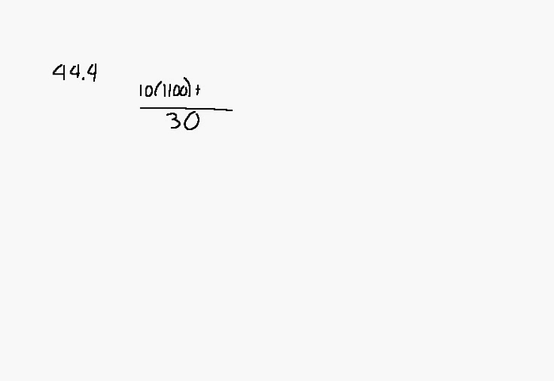And then for the 20 large containers, we have 20 times 1,400. So we figure out the total number of pills for both sets of containers. That'll be 11,000 plus 28,000.